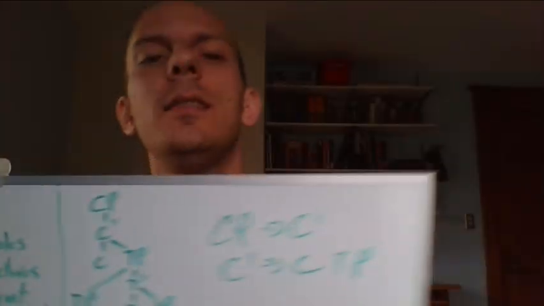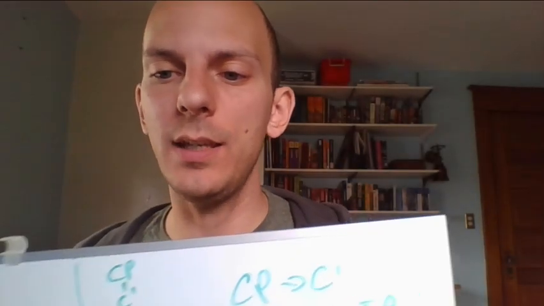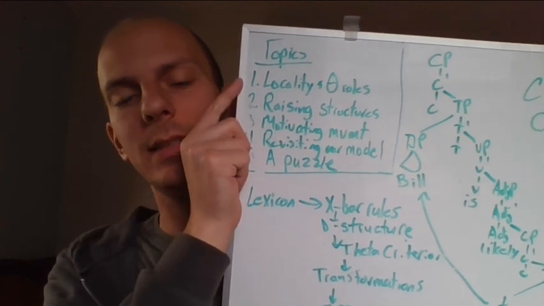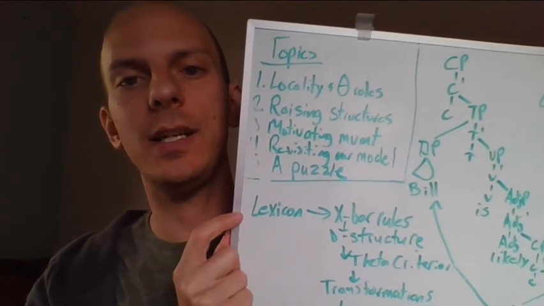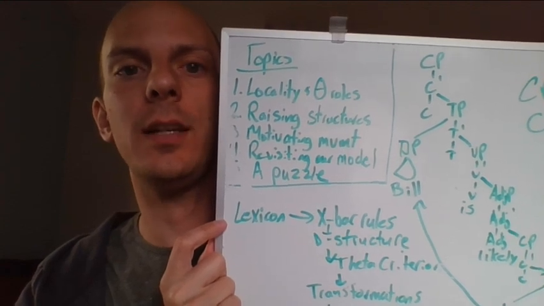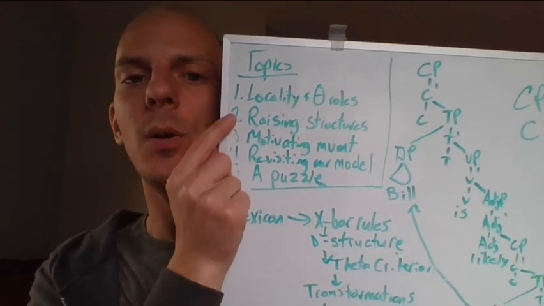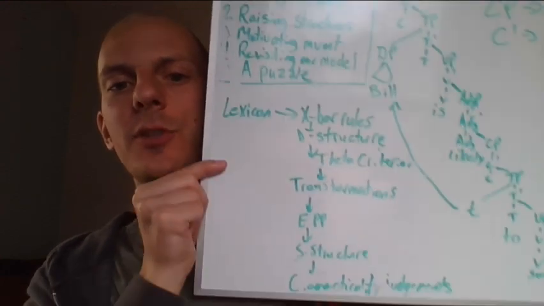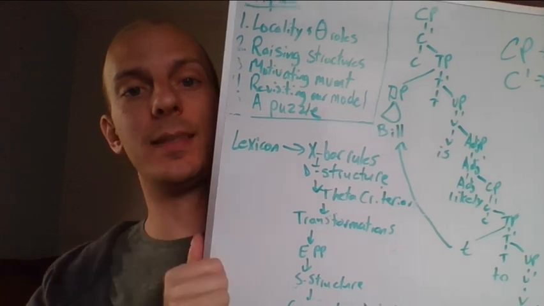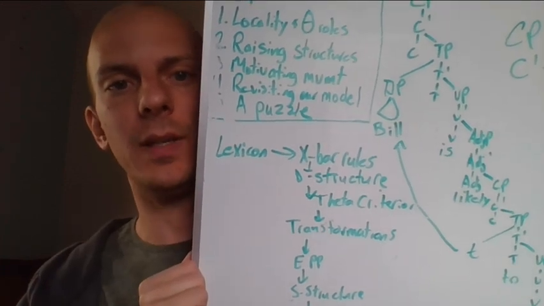So we've seen a few things. Let's recap and then we'll end here. I got 1 minute to recap. We've seen this locality constraint on theta roles, that theta roles have to be assigned within their domain, within their clause. We've then seen raising structures which on the surface structure seem to violate this. And we've posited that there's actually movement there.